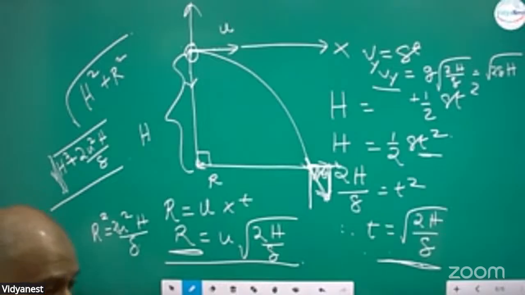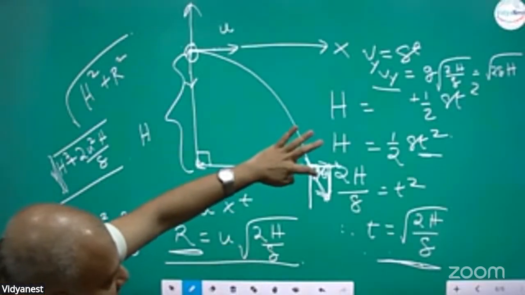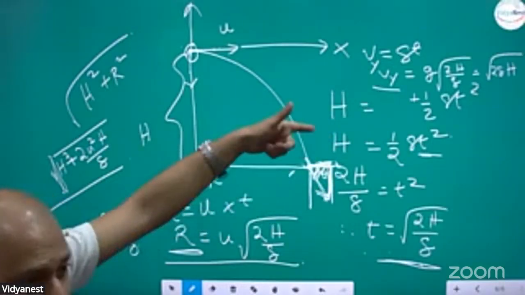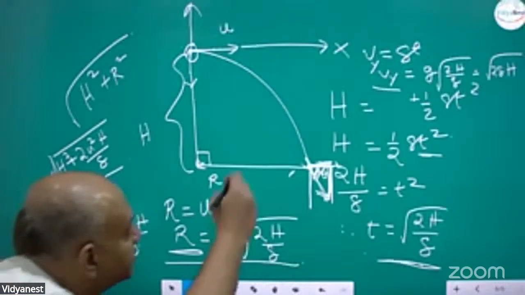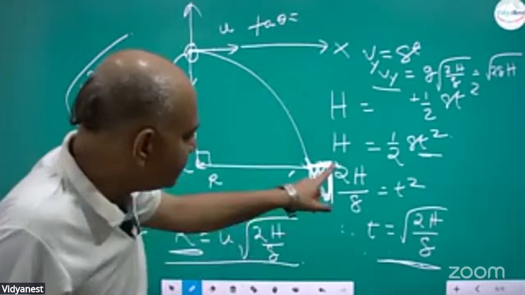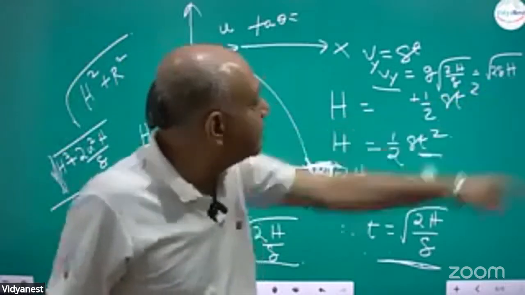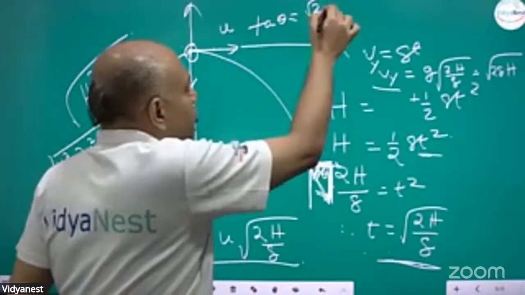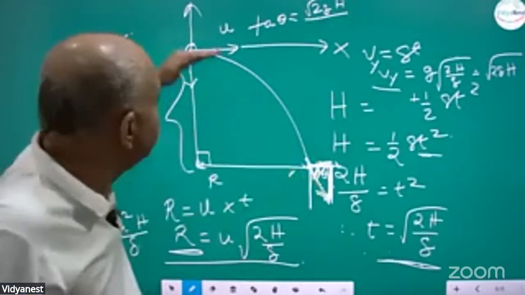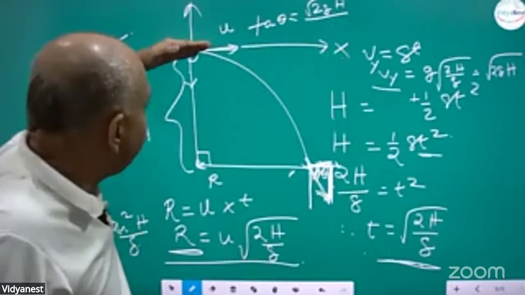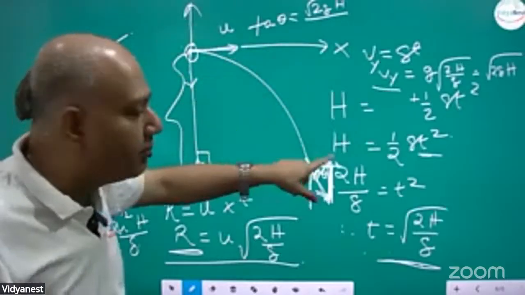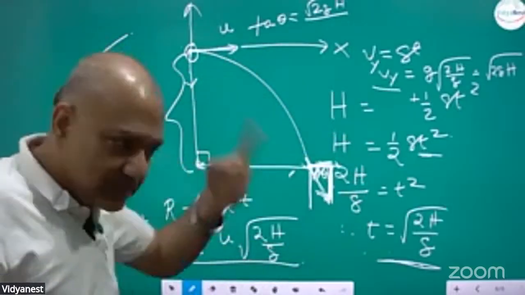So can you now tell me what is this inclination? The ratio of vertical velocity to horizontal velocity is tan theta. So we can write tan theta. What is the vertical velocity? Already we found root over 2gh, divided by the horizontal component. U is the horizontal component, and along the horizontal direction, since there is no acceleration or retardation, the horizontal component is not going to change, just like the previous one.